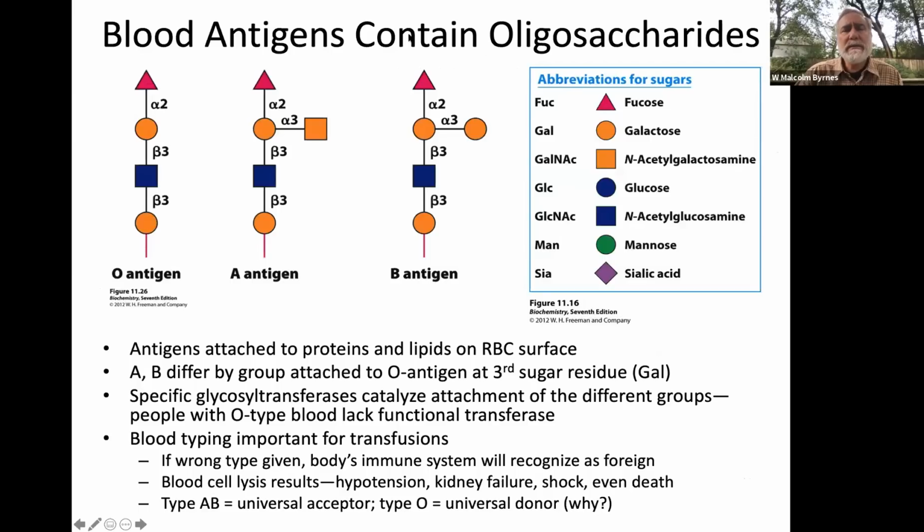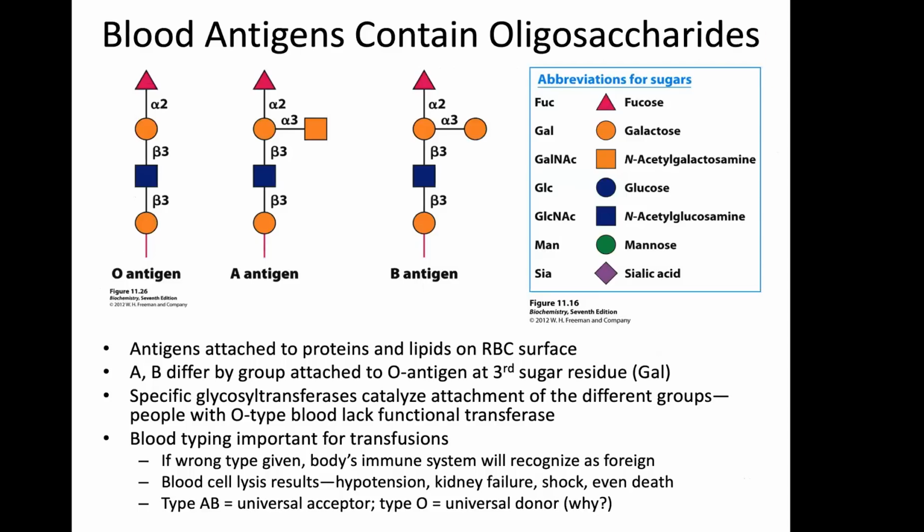And then close to the end here, I want to talk about what are called blood types. Okay, blood types. We have type O blood, type A, type B. Each of these different blood types have different so-called blood antigens, O antigen, A or B, that are characterized by particular oligosaccharide groups that are present on proteins and lipids on the red blood cell surface, on the blood cell surface, okay?